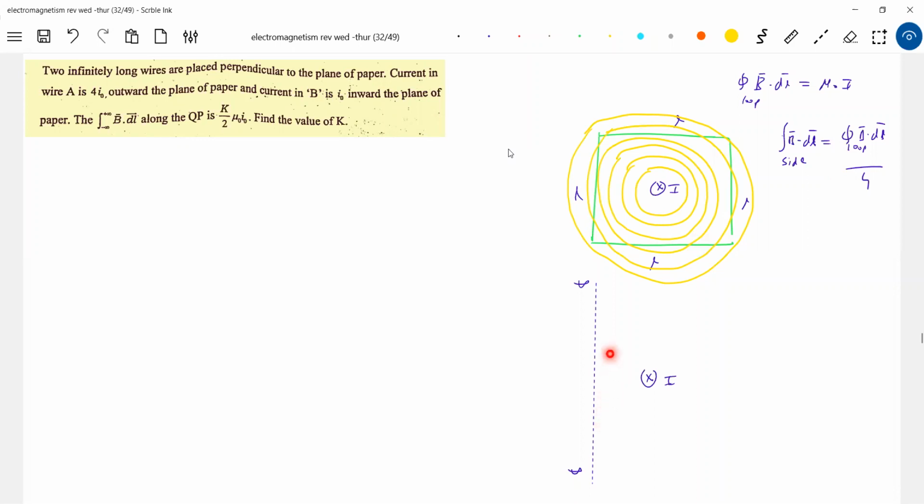Now, if I make this infinite, then let's do one thing. It is placed very close to it. I'll move it.